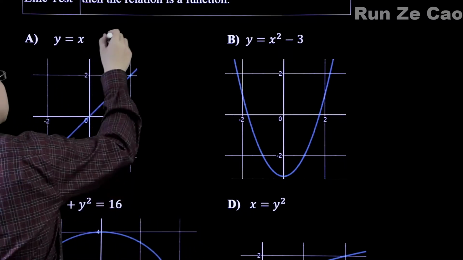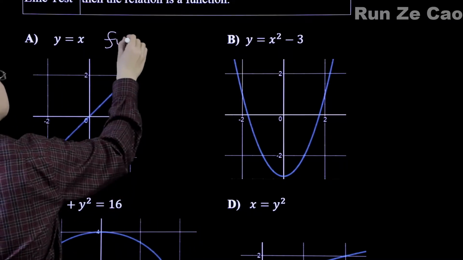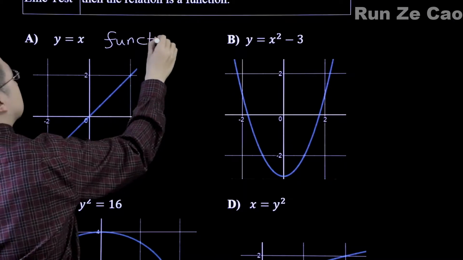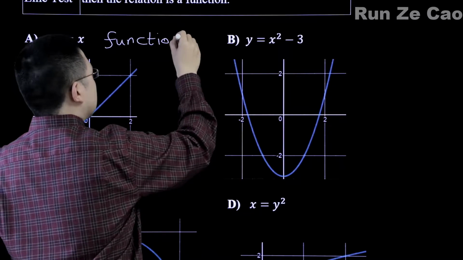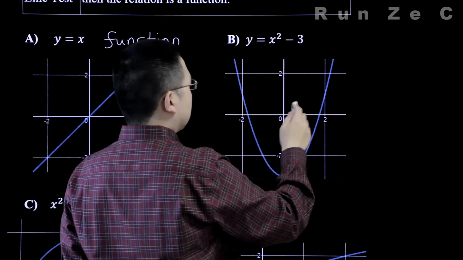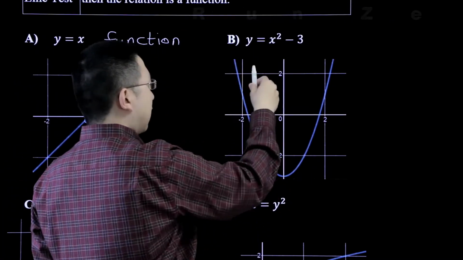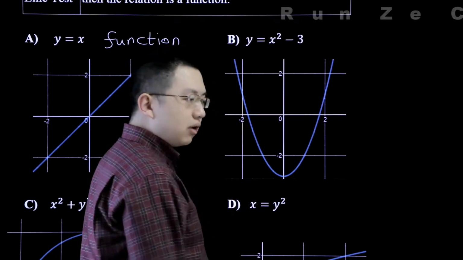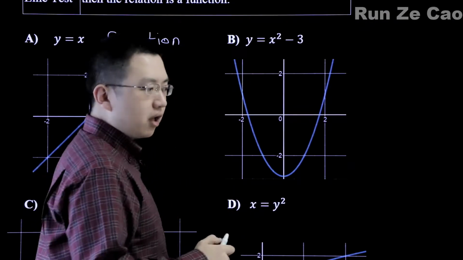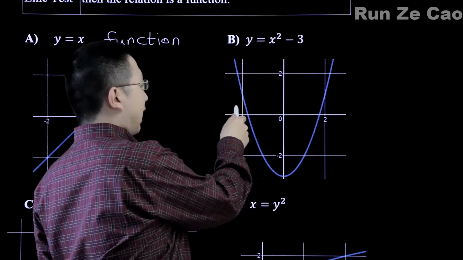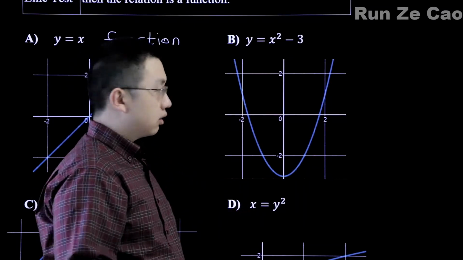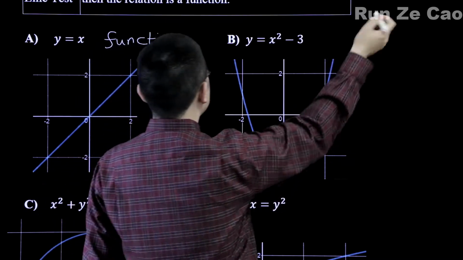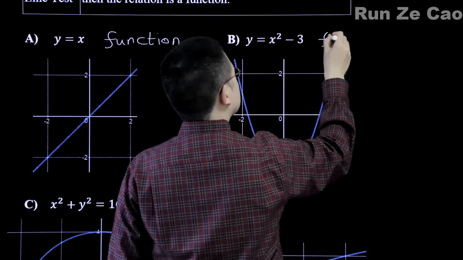So this then is a function. Now, what about this? Say we put a vertical line somewhere. Does it only have one value that's possible for the relation for any given x coordinate? Yes, and therefore, this is a function.